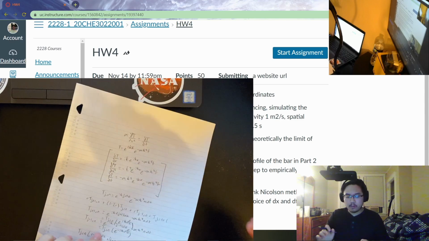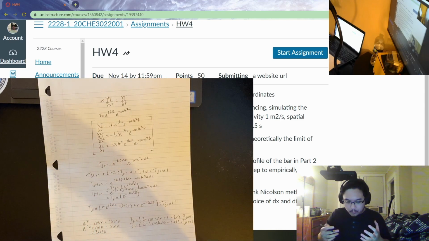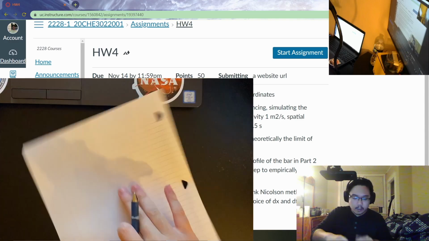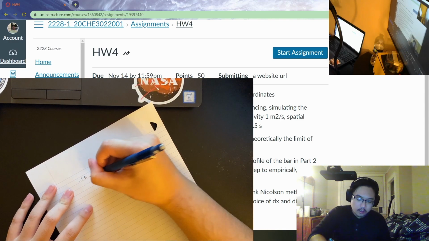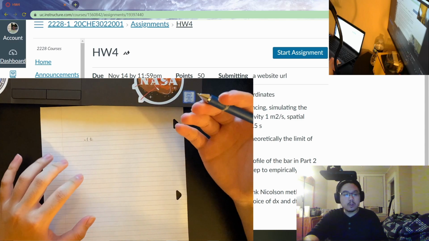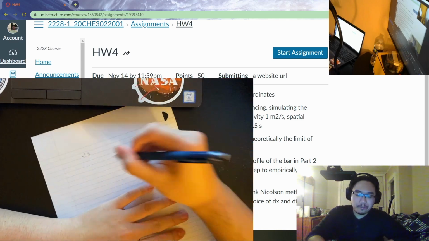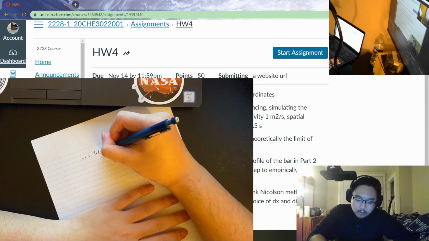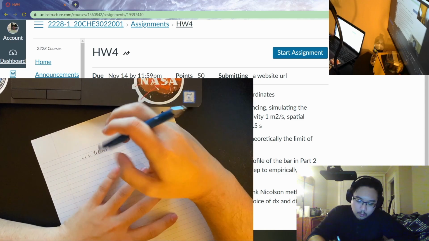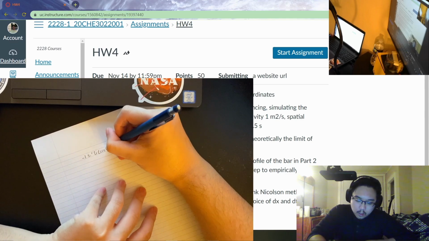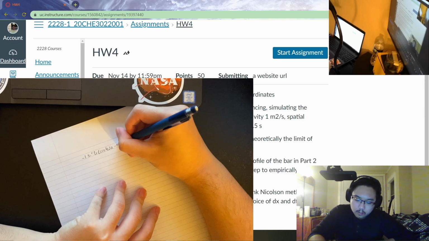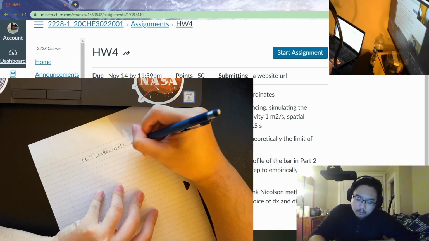So -1 is less than or equal to, because staying the same will increase it to infinity, 2r times cosine k delta x minus 1 plus 1, less than 1.